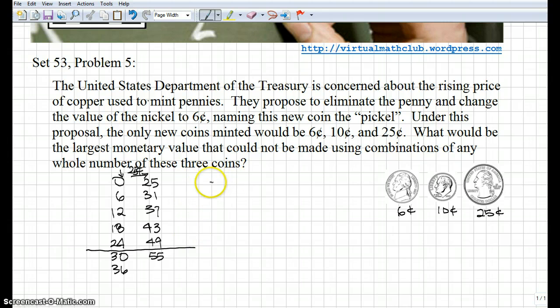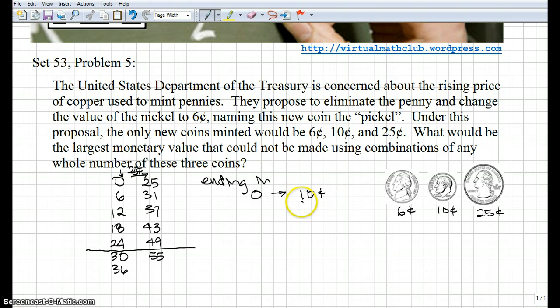So let's just go through, ending in 0. Actually, let me write that out. I'll make a little table here. So ending in 0, the first value we can make is 10 cents because we have the dime.